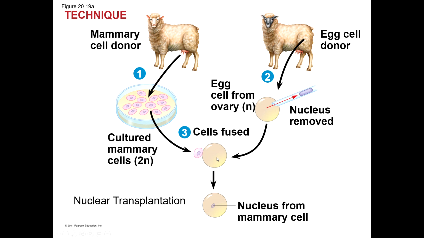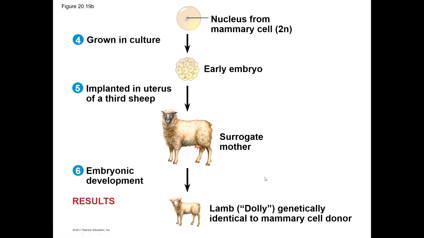Now it's almost like you had a fertilized egg, only the diploid cell nucleus is what formed it rather than an egg cell and sperm cell from two different parents. So the DNA is exactly like this mammary donor's cell. Now the resulting embryo is transplanted into a surrogate mother, and embryonic development continues, and voila, you get Dolly, the baby here, which is genetically identical to that mammary cell donor.